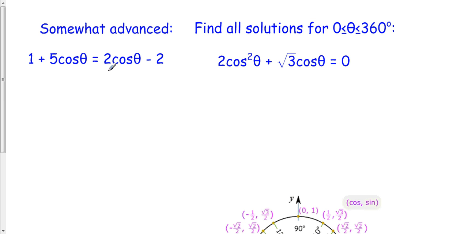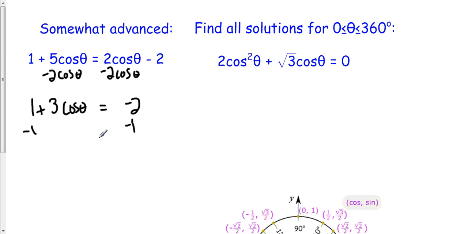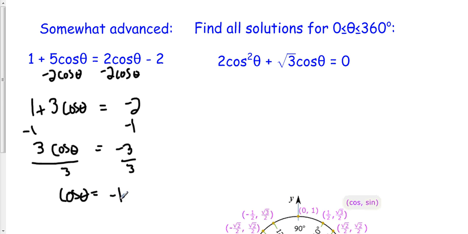So I'm going to subtract 2 cosine theta from both sides. And I get 1 plus 3 cosine theta equals negative 2. I'll subtract 1 from both sides. I get 3 cosine theta equals negative 3. So let's divide by 3. We get cosine theta equals negative 1.